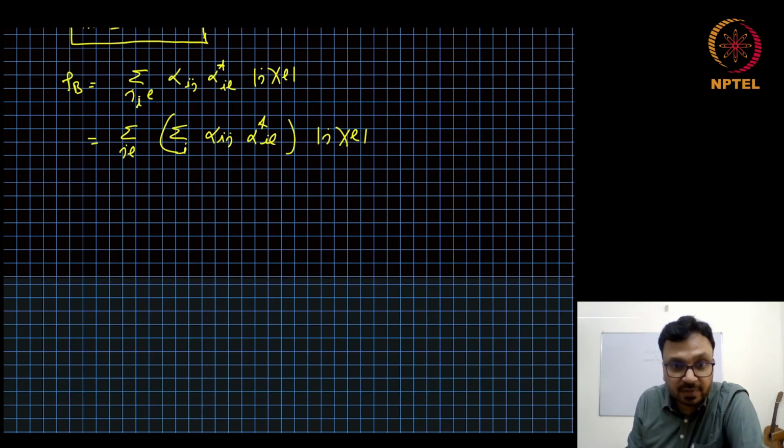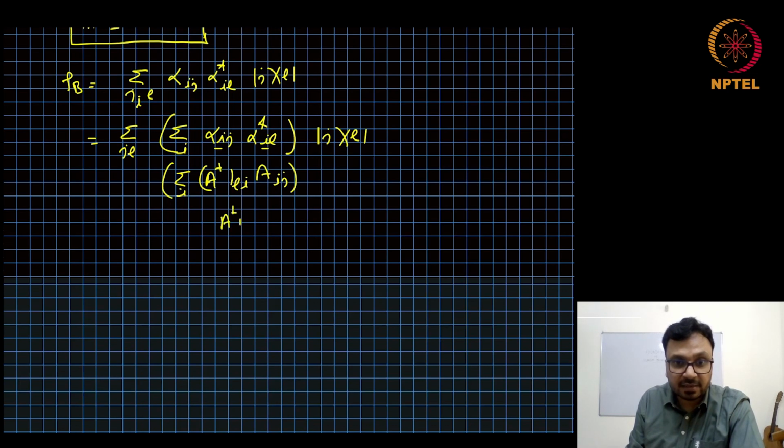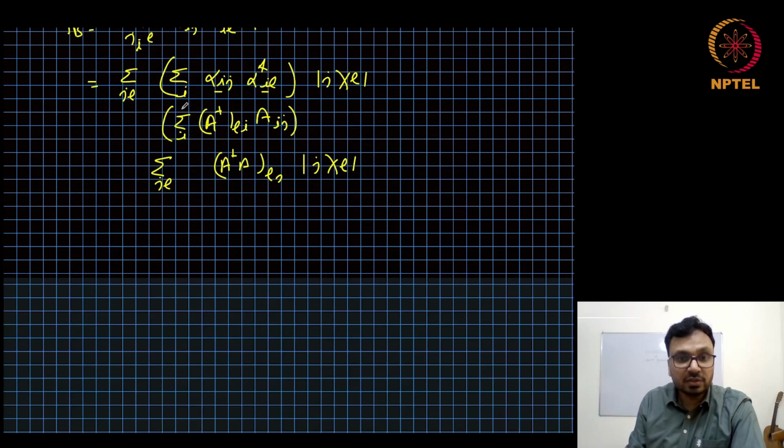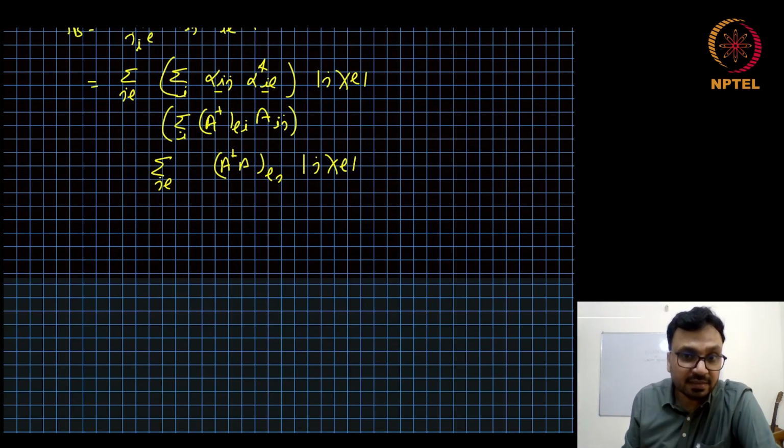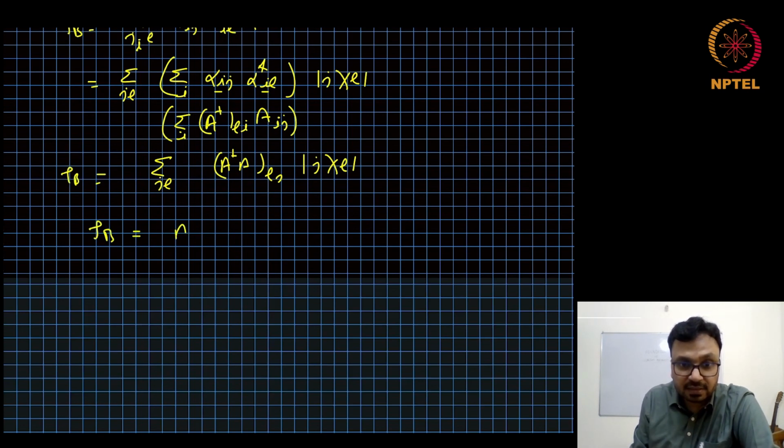Now you can see what we have here is A dagger Li and Aij, and the sum over I becomes the A dagger A Lj element, which is the coefficient of the JL element of rho B. So it means we can say rho B is A dagger A transpose.